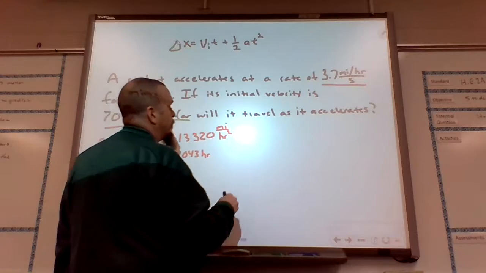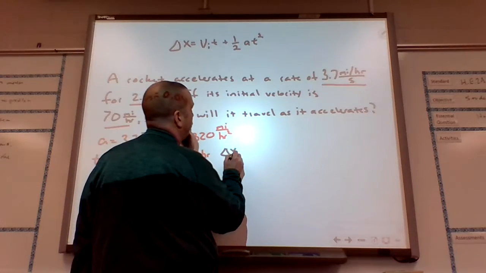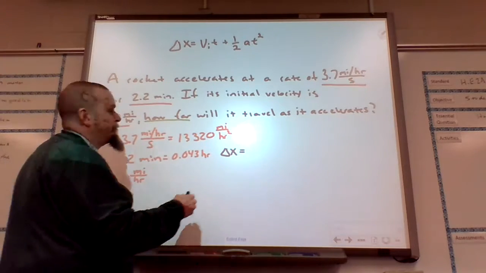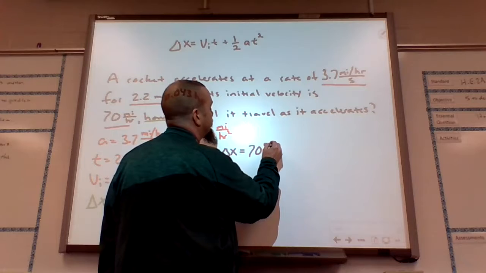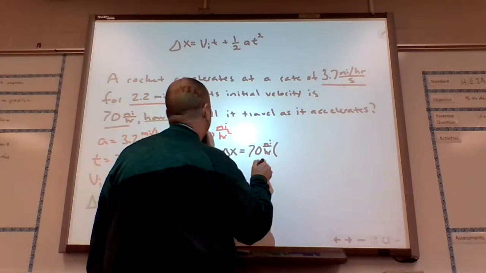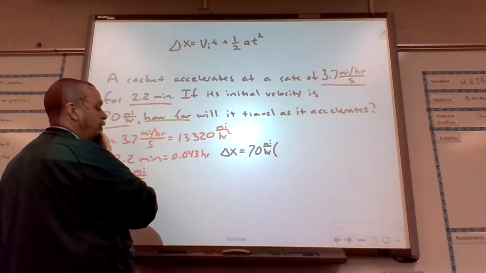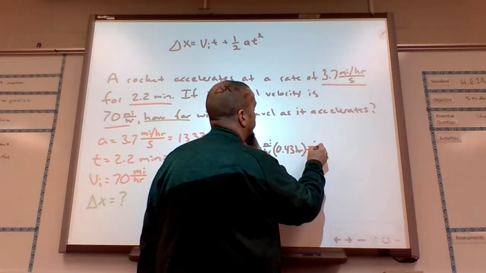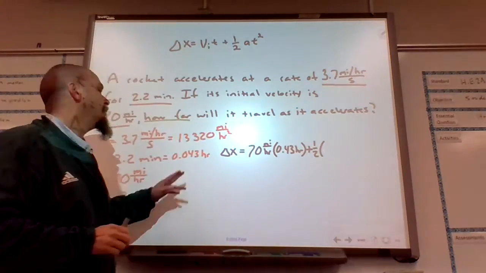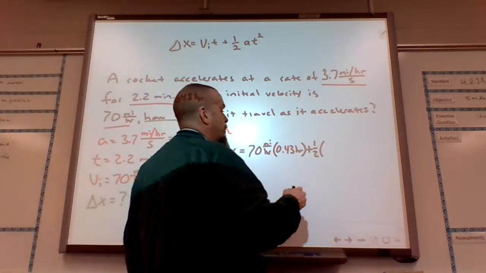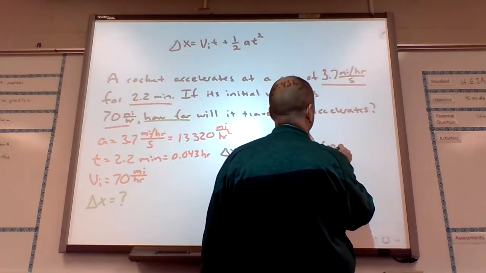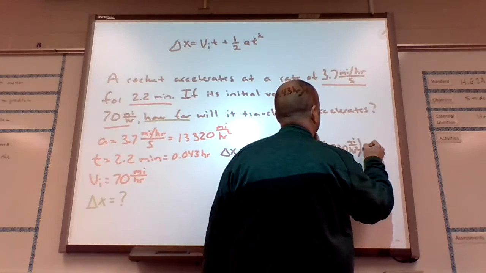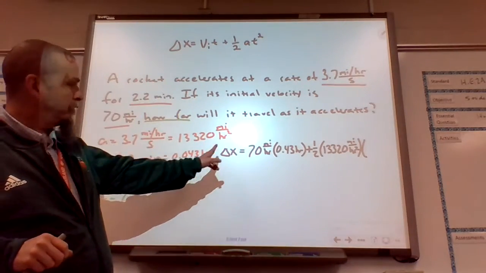At this point, now that we've done all the conversions, we can substitute and solve. Delta x equals vi times t, 70 miles per hour, times 0.043 hours, plus 1/2 a, 13,320 miles per hour squared, times t, 0.043 squared.